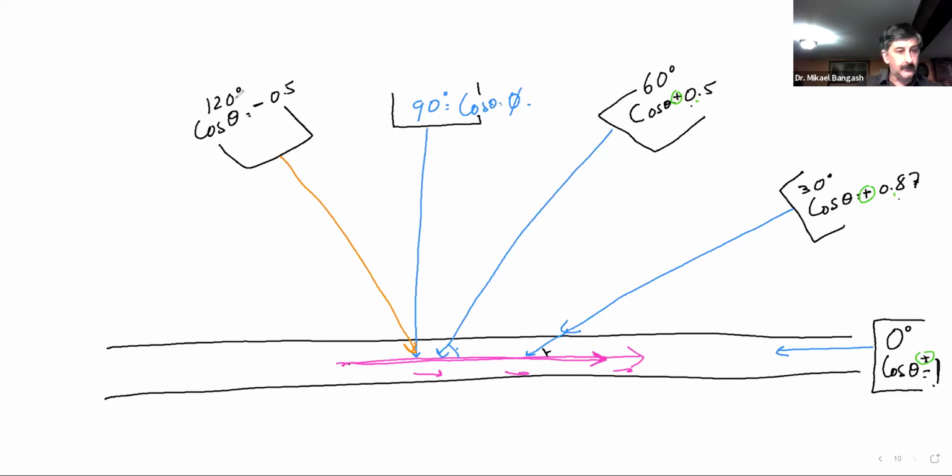And why is that? Because the angle between the beam and the blood flow was 120 degrees.